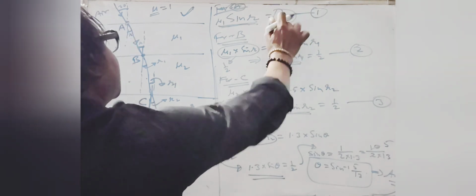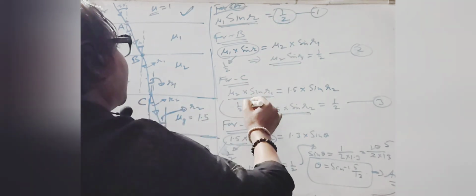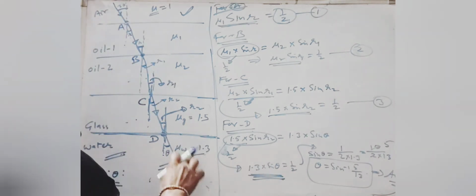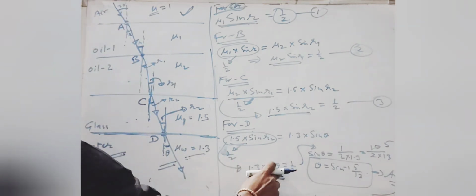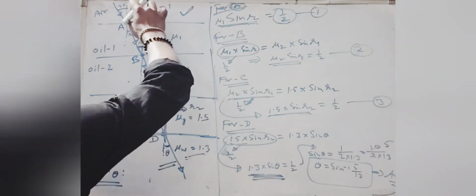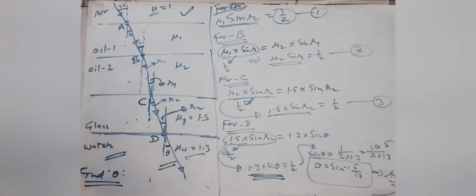This 1 by 2 is transmitting everywhere. Finally it comes to the product of the refractive index of the water medium, 1.3, and the angle in the water medium, theta, equal to that 1 by 2 which was coming from air to the oil medium.